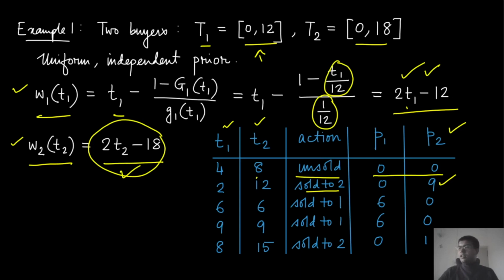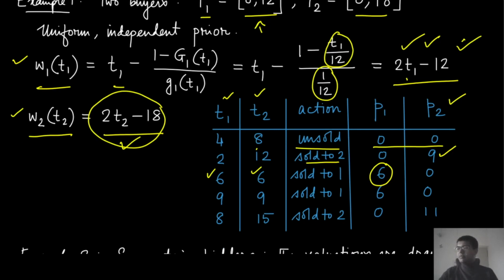Similarly, when you have 6 and 6, player 1 has a non-negative virtual valuation, which is 0, and the other player has a negative virtual valuation, so it is sold to player 1, but they pay the amount at which they start to become positive, so they pay 6.